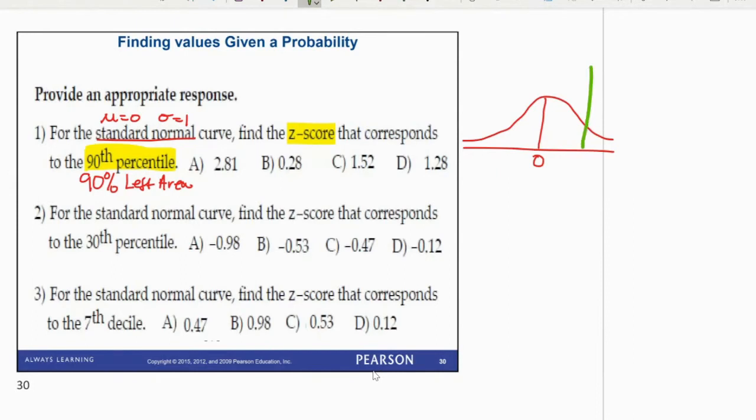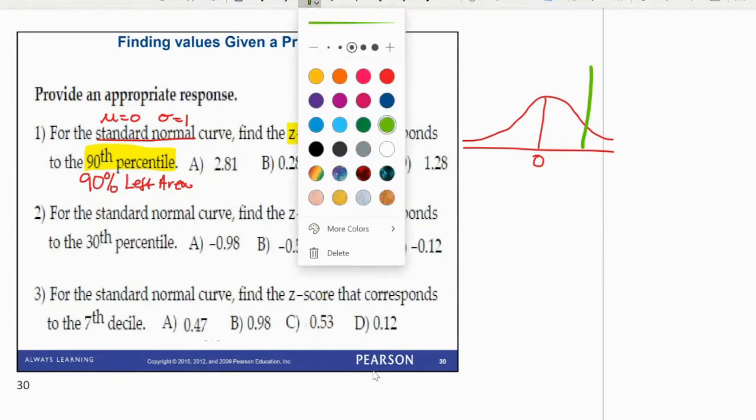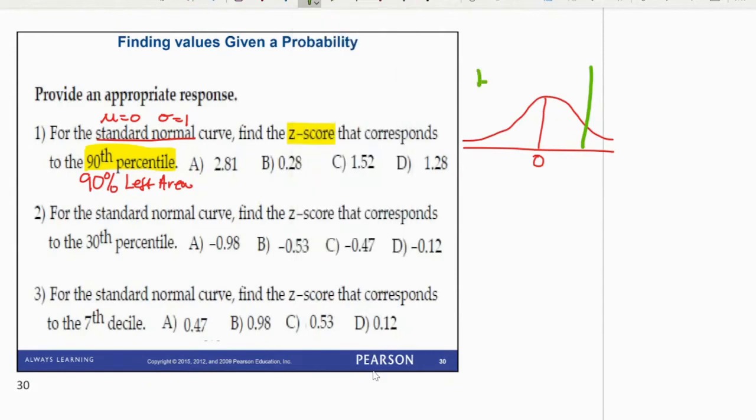We want to draw the line so that there is more space on the left, about 90% space on the left, right? So we definitely have to put it over more than the 0 line so it will make a reflection. So it means that the left area will be 0.9, right?